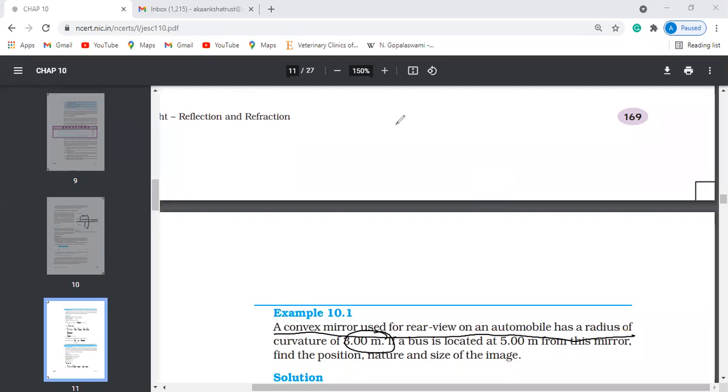The value is R is equal to plus 3 meter. Don't write negative.